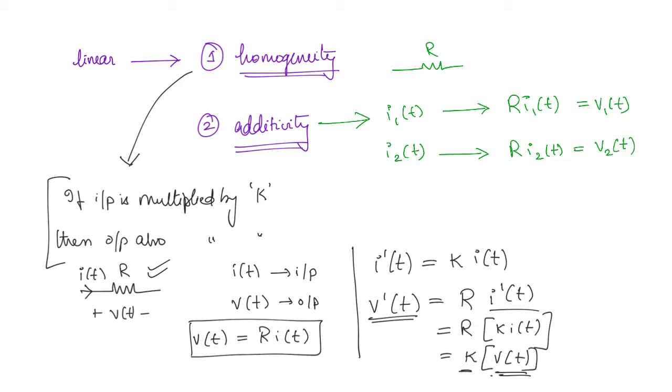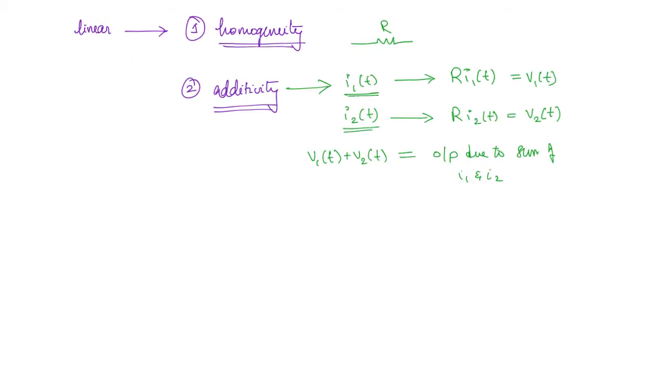Now the sum of the outputs due to each of these currents applied separately, that is V1 of t plus V2 of t, should be equal to the output due to the sum of I1 and I2. This means that if the input is I1 of t plus I2 of t, then the corresponding output should be equal to V1 plus V2 of t.